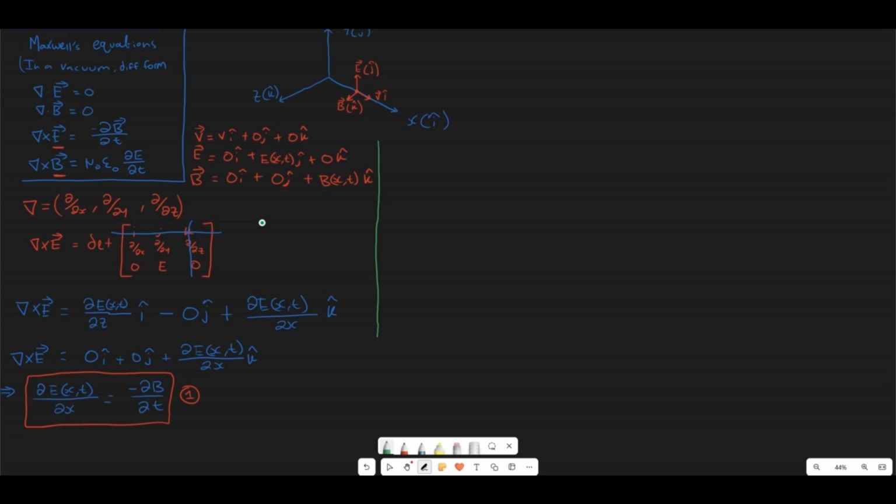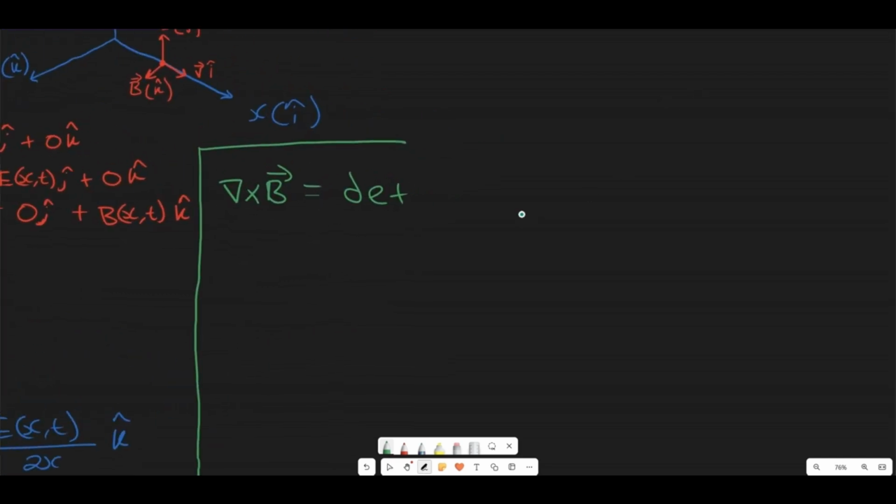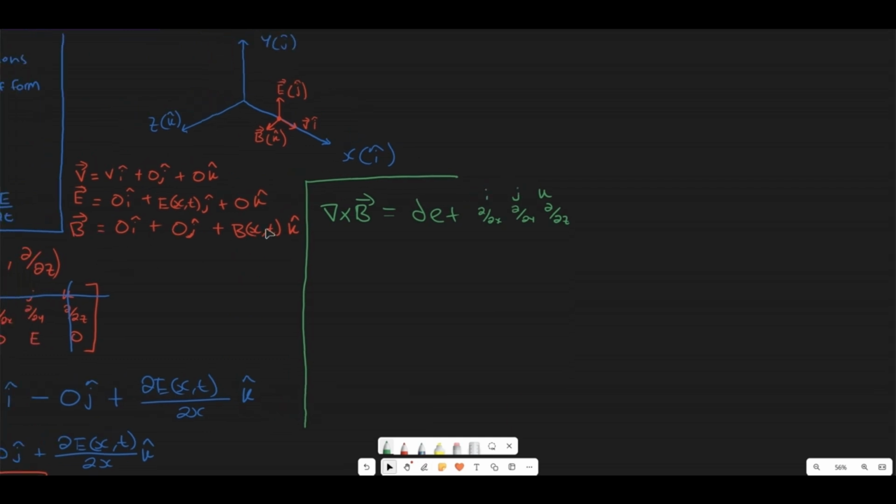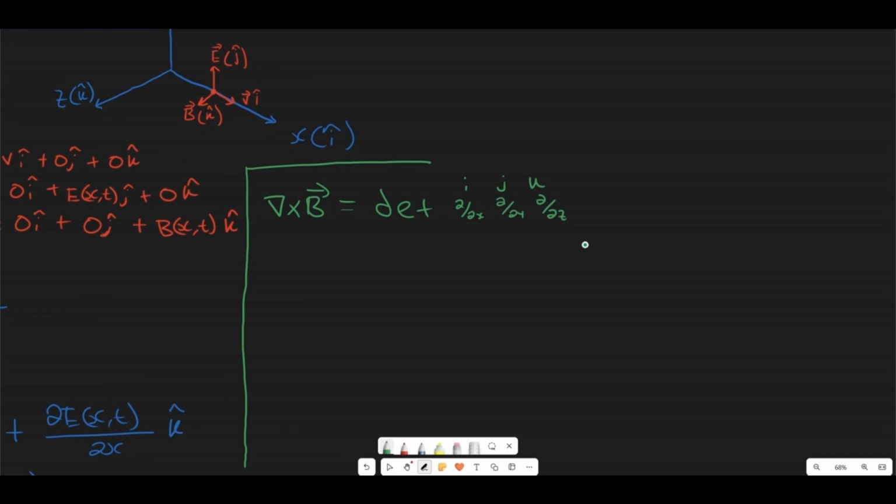So nabla cross B, the curl, is once again the determinant of another 3 by 3 matrix with i, j, k, then partial x, partial y, partial z, and from this diagram, B is only in the k direction, so this will just be 0, 0, and B.